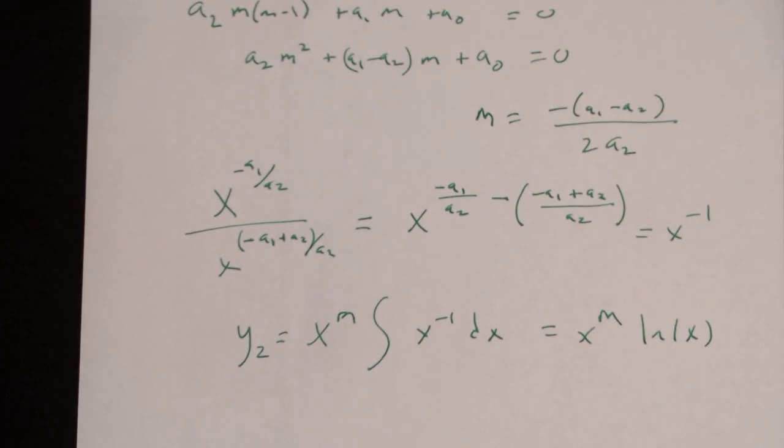Noah, in the exponential case, we always got an extra x. In this case, we get an extra ln. Every time. But that's only for Cauchy-Euler equations. That's only if the equation is rigged like this and we have a repeated root.